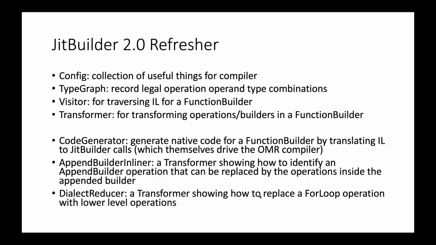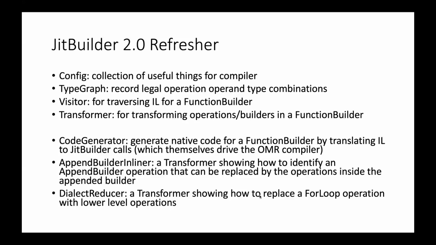And then there are a few implementations of those things in the actual JitBuilder 2 code base. So code generator is the most useful one. The purpose of that one is basically just to generate native code for the IL in a function builder. It converts all the JitBuilder 2 IL by walking over it and making calls to JitBuilder right now.